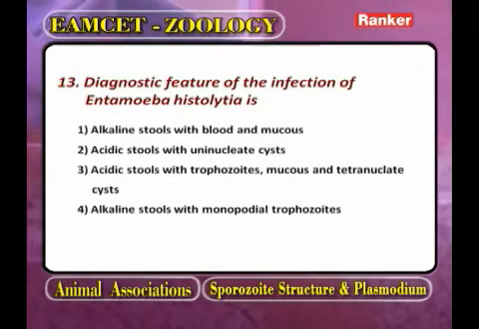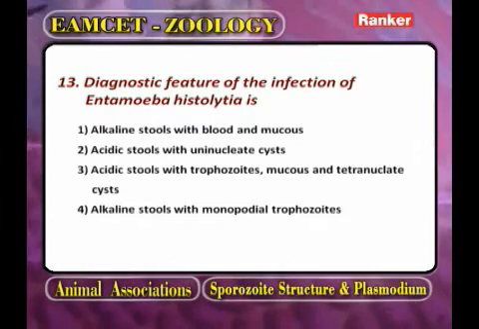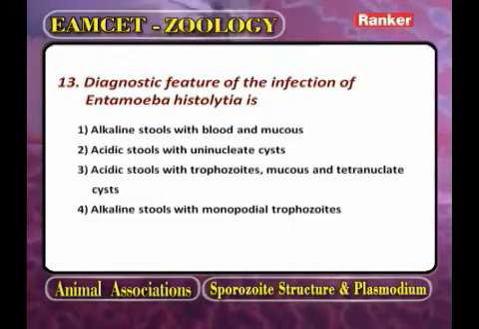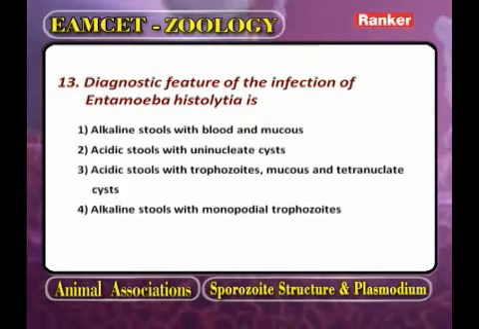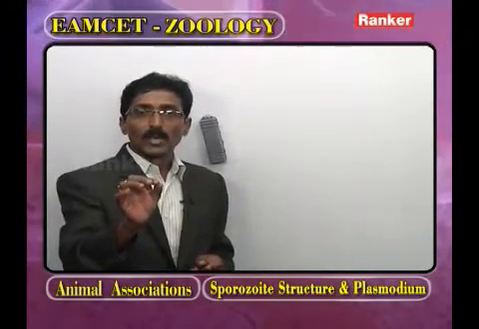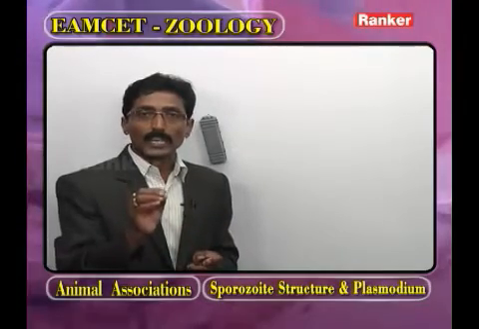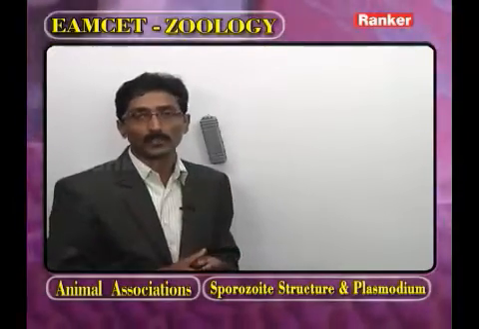Diagnostic features of infection of Entamoeba histolytica. Now repeating the question, diagnostic characters of infection of Entamoeba histolytica. Suppose one patient visited a doctor. The doctor asked the patient, what is your problem?